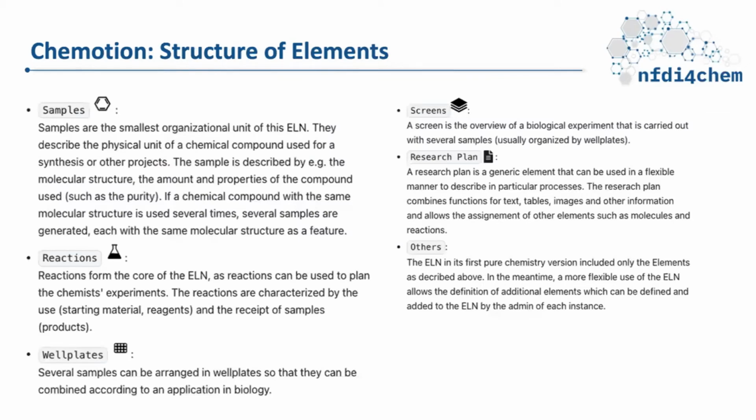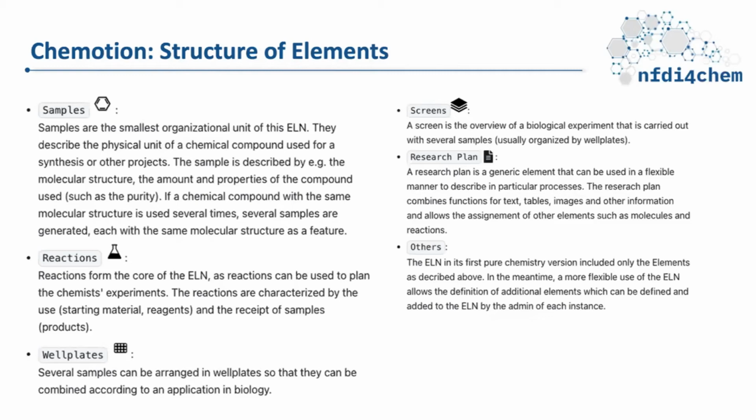At the core of Chemotion, you see there are different elements. These are the key elements of Chemotion. Samples are the smallest organizational unit within Chemotion, where each represents a chemical compound. And then you have the reactions, where a combination of samples can be processed as reactants and the products with reagents.